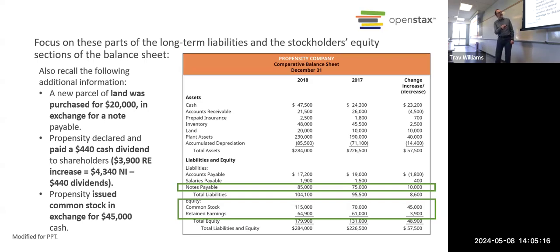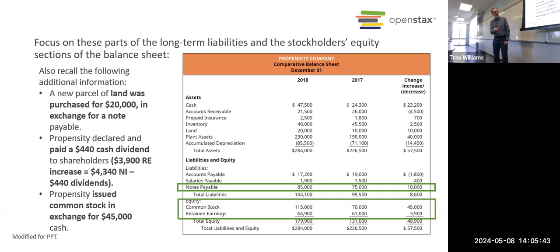We paid out dividends. Again, that's part of financing. And let's see, we issued common stock in exchange for cash. Okay, so we can see common stock went up from last year to this year by $45,000 because we sold some stock. So that's how much cash we got from that transaction.